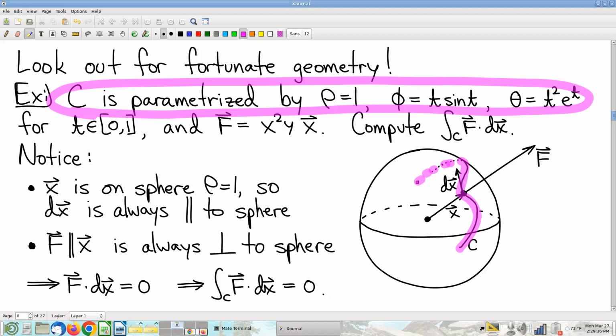This curve is parametrized where, instead of giving you x, y, and z as functions of time, here I'm giving you rho, phi, and theta as functions of time, from which you can plug into the usual spherical coordinate formulas. In other words, you can take sines and cosines of these angles and get a rectangular parameterization of this curve.